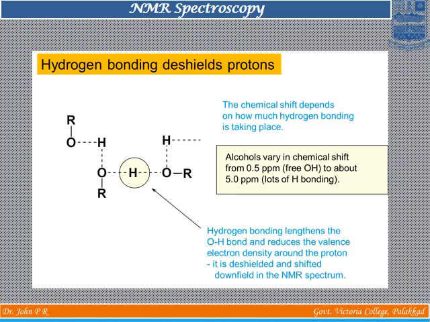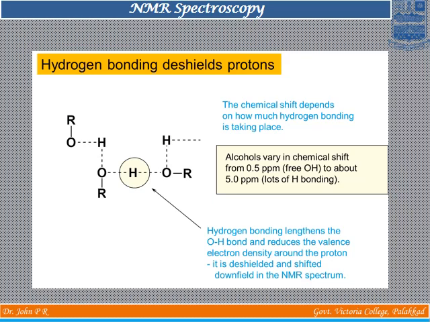Another parameter or factor which influences the chemical shift value of an NMR active nucleus is hydrogen bonding. If we consider the chemical shift value of alcoholic hydrogen, it varies from 0.5 ppm to 5 ppm.